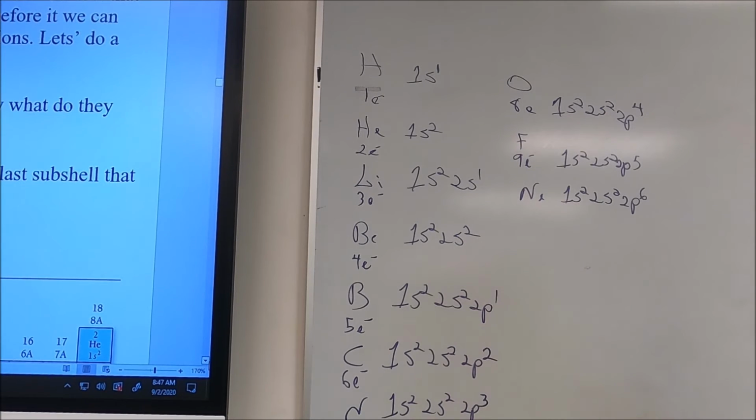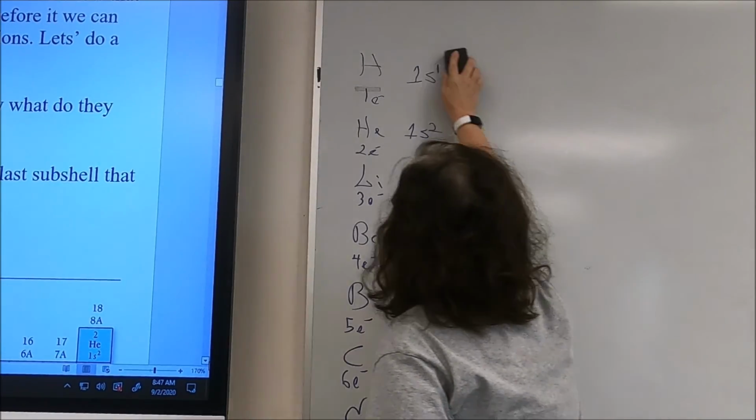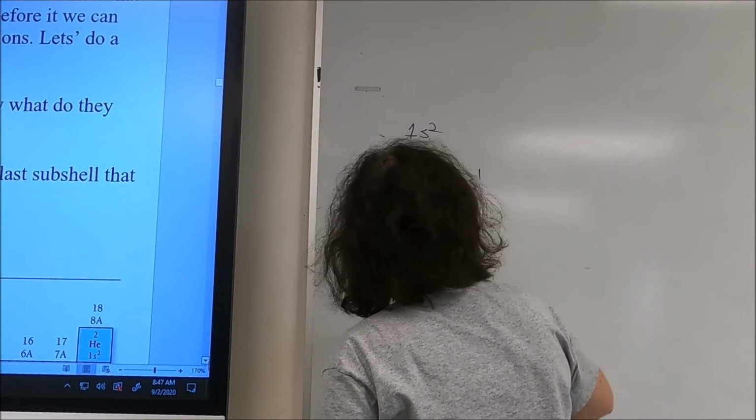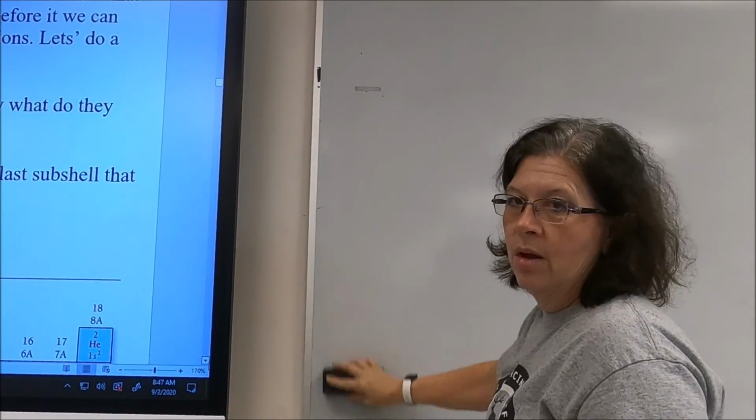Now, I want to show you a couple of things and we're going to relate it back to the periodic table. Again, I'm struggling a little bit because I'm working with limited space.